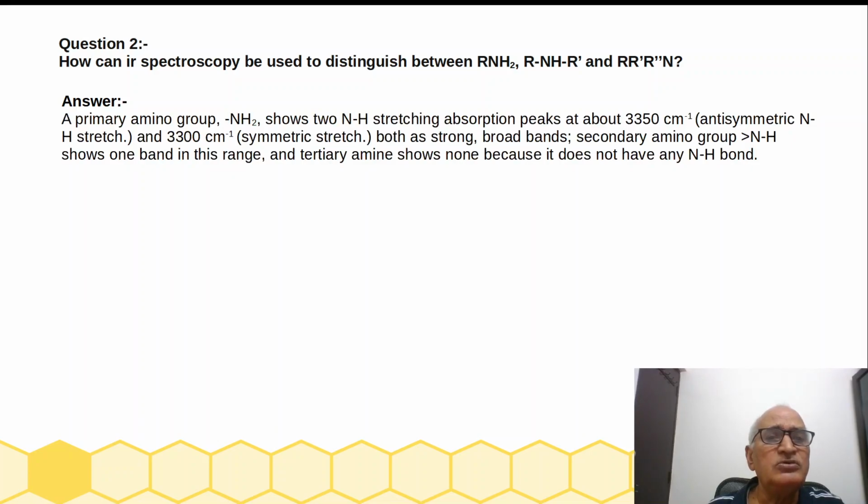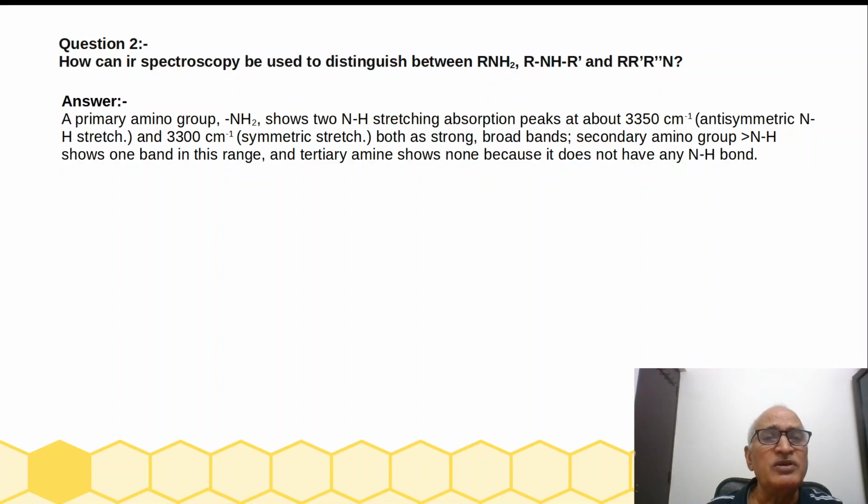The primary amino group NH2 shows two NH stretching absorption peaks: one at about 3350 reciprocal centimeters, antisymmetric NH stretching, and another at about 3300 reciprocal centimeters, symmetric NH stretching, both as strong broad bands. A secondary amino group contains a single NH bond, therefore it shows only one peak in this region.